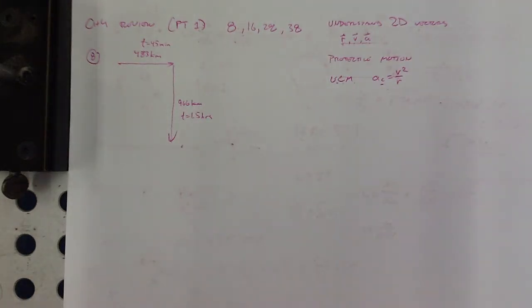For the total trip, what are the magnitude and direction of the plane's displacement, and the magnitude and direction of its average velocity and its average speed?